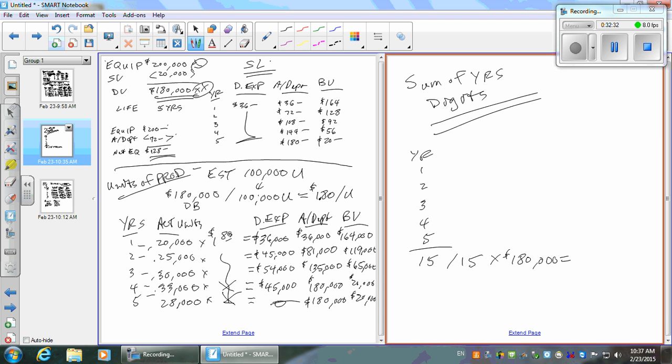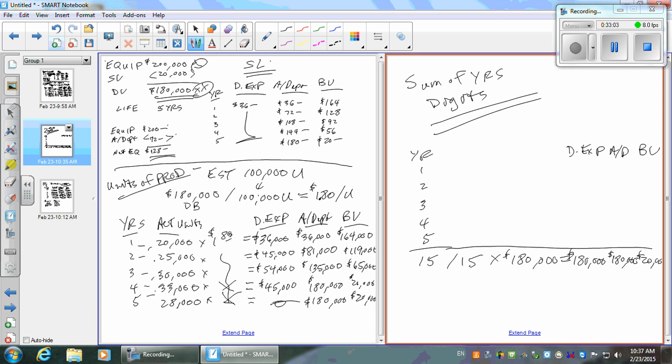So that's going to give me total depreciation expense over the life of 180, which will of course give me accumulated depreciation at the end of 180, which will leave me how much book value at the end? 20. So my total depreciation for all my years is going to be 180. Does that make sense? My accumulated depreciation is going to be 180?